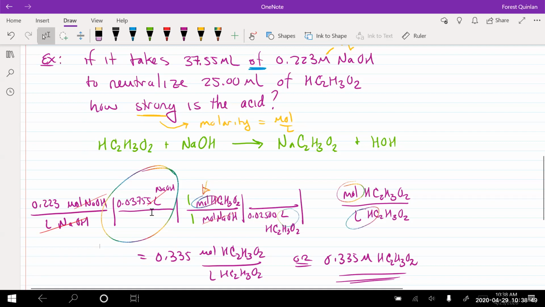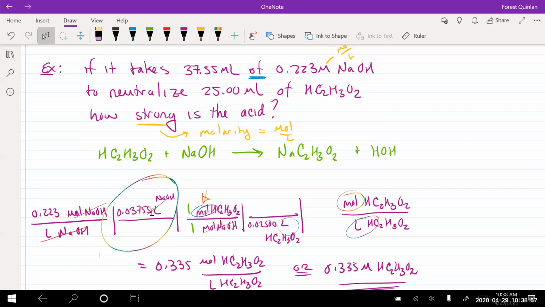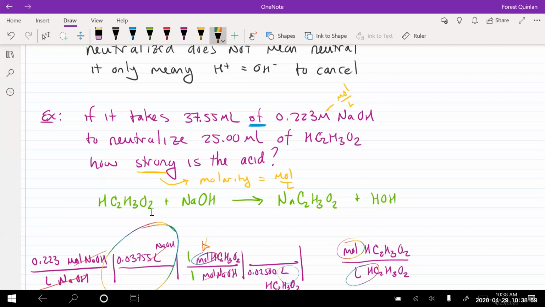I don't care about blank spots. All I care about are units. This problem told us to take this 0.223 and that 3755 and multiply them because it said of. I will do that.